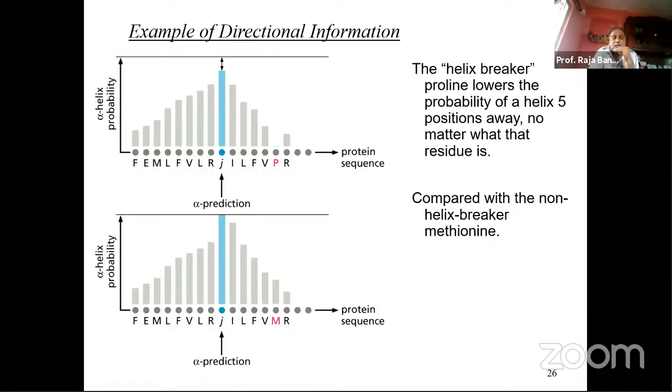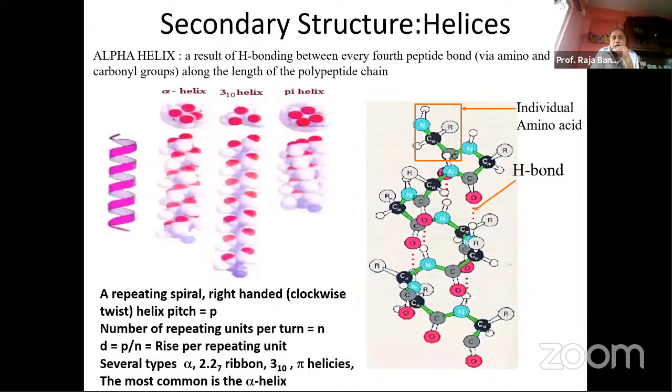So that is an example where we find that proline is a helix breaker. Similar to that is what we find in the case of glycine.